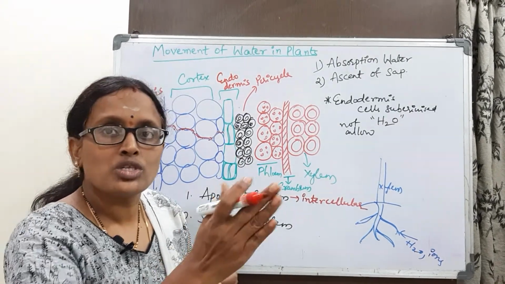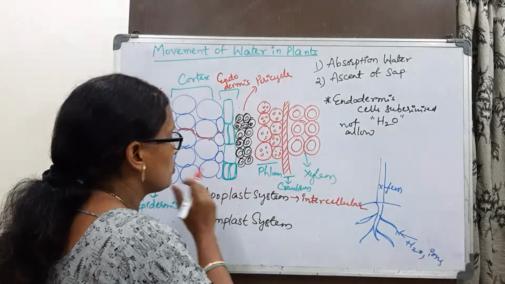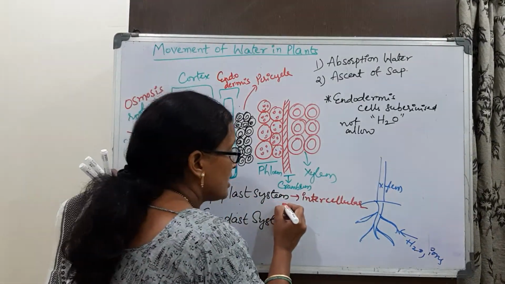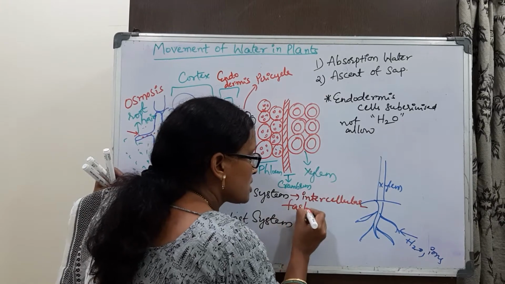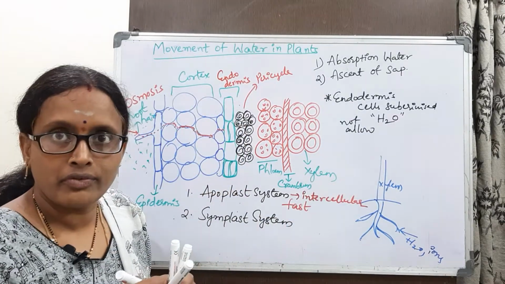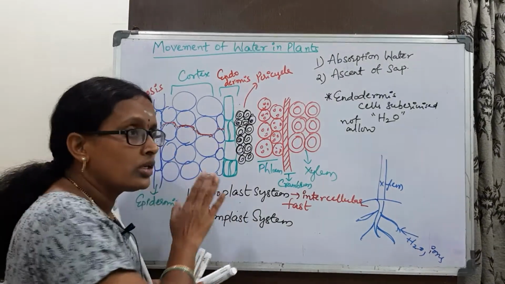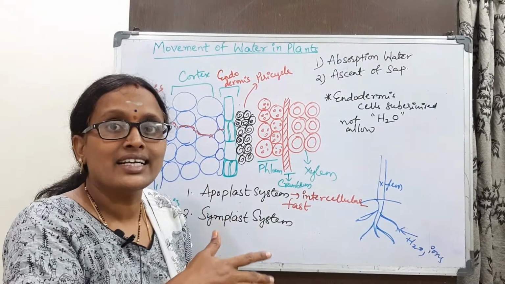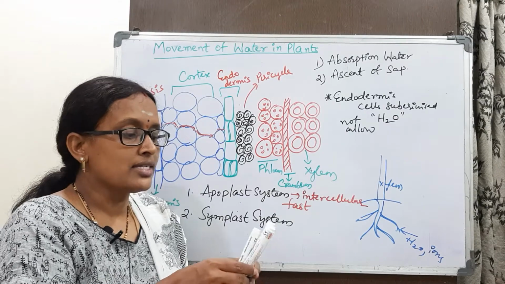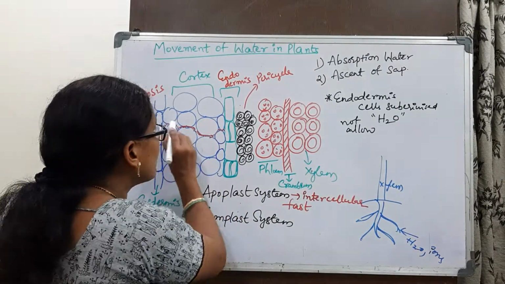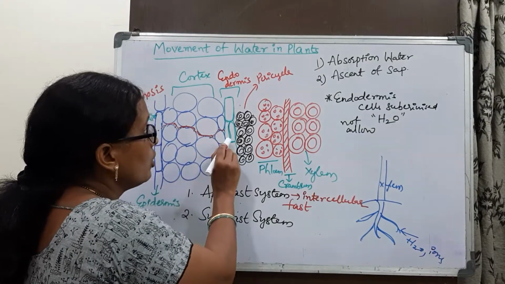If water is transported through the intercellular spaces adjacent to the cell wall, that type of water movement is called apoplast. It is very fast. Water moves along the adjacent cell walls; if the cells are there, there is a gap between the cells, and from that gap water enters up to the endodermis only.